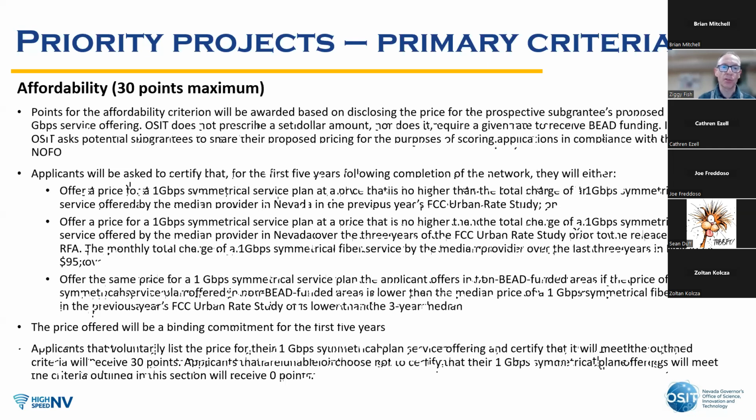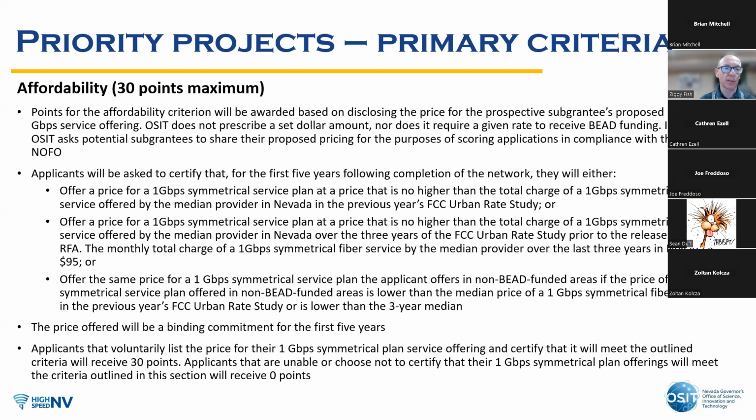you commit to a price that's no higher than what the urban rate study says, and the urban rate study has it pretty high because it takes 2 standard deviations above the mean on a national basis.